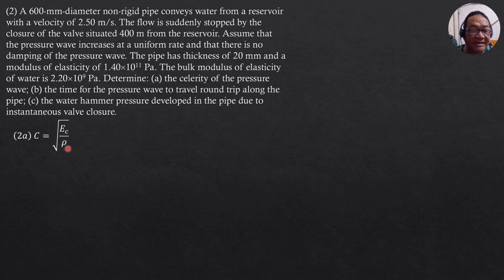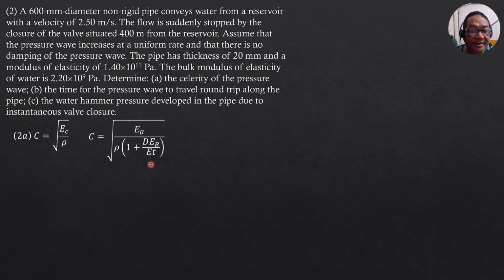Then this density is magnified by multiplying 1 plus diameter times bulk modulus of elasticity of flowing fluid over Young's modulus of elasticity of the pipe wall, then thickness of the pipe wall. So we just make it consistent. So E sub B over density quantity 1 plus diameter bulk modulus of elasticity of flowing fluid over Young's modulus of elasticity of the pipe material, then times the thickness of the pipe wall.